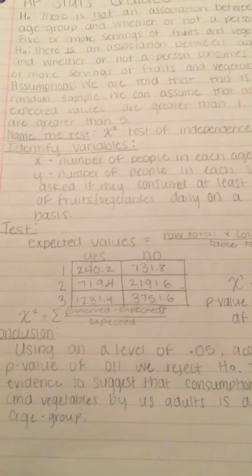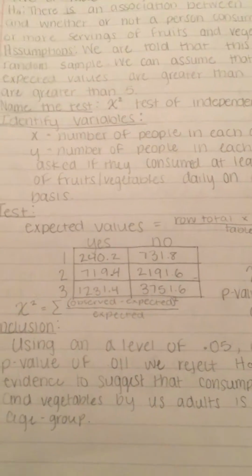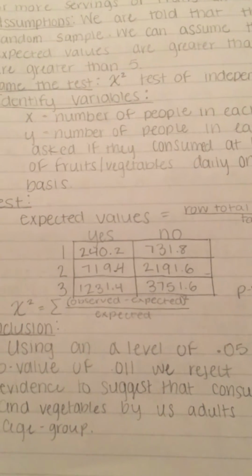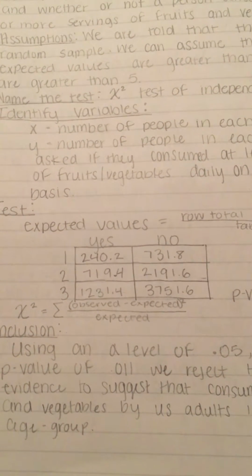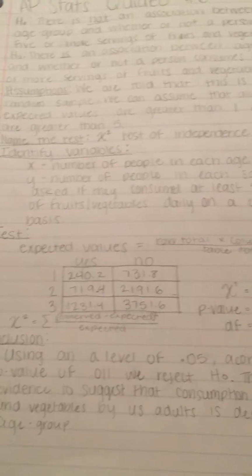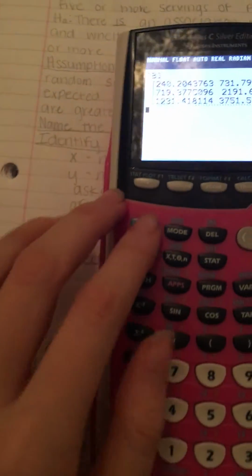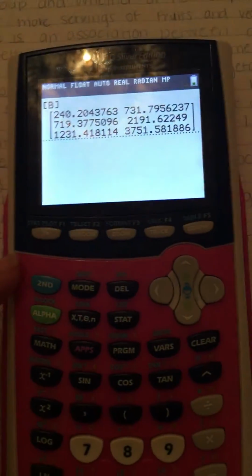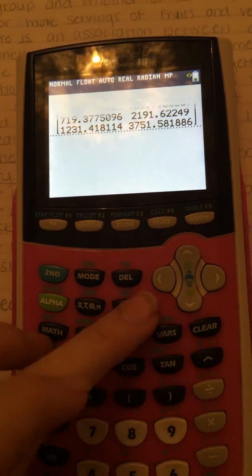To actually run the chi-square test, it is the sum of the observed minus expected squared all over expected. This you can also do in the calculator. So we're basically just going to go through the same steps again. You're going to stat.